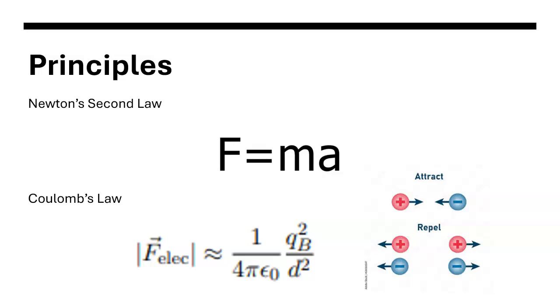We use Newton's second law to describe the forces acting on the system that are equal to mass times acceleration, and we use superposition of these forces to find the net force of the whole system. We also use Coulomb's law, which describes the force that charges create on objects.